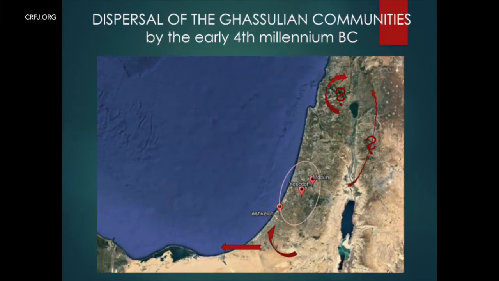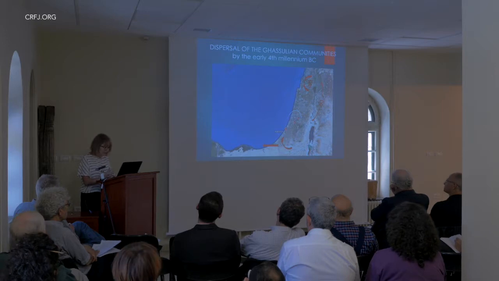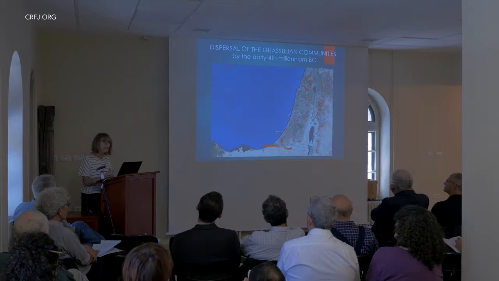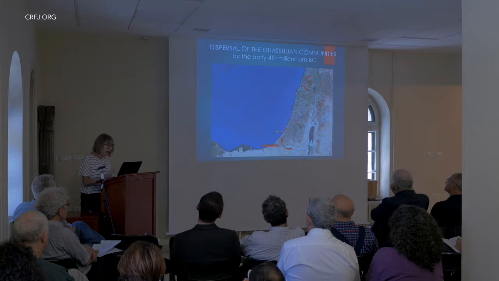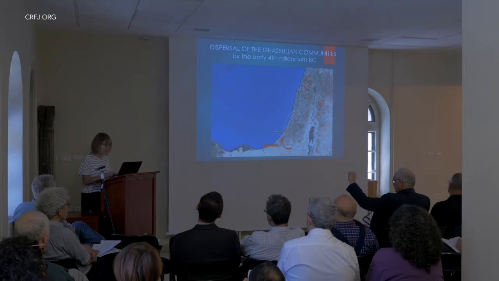The ones from the Jordan Valley may have gone northwards, while the ones from the north may have gone northwest in relationship with the northern network. As a result, between 3800 and 3600 BC, only the Shephelah and the coastal plain remained inhabited, while the other regions were abandoned following the electrification episode.